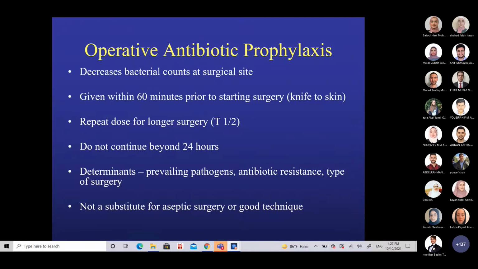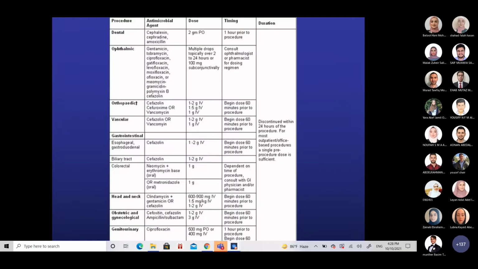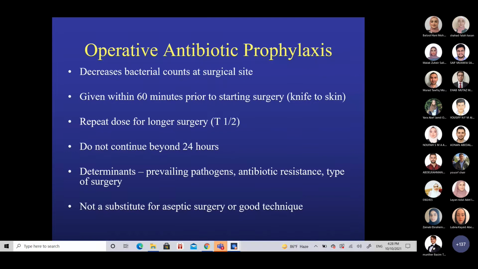We don't give the antibiotics at incision; they should be given at least 2 hours or 60 minutes before surgery. Why? As we said, the aim is to have the best tissue level of antibiotics during surgery.